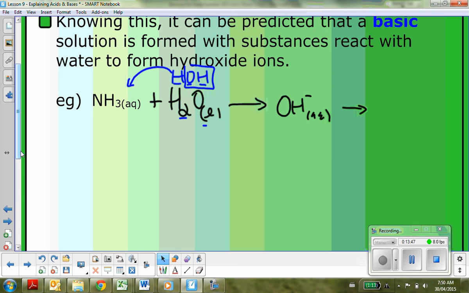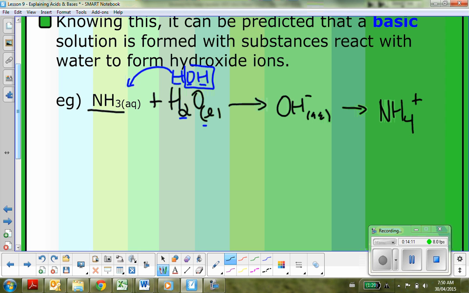Now, remember, your H can be a positive or a negative charge. So in this case here, your ammonia is already a compound and it has no charge. But you're going to add an additional H onto it, which is actually going to end up making it positive or negative. In this case here, NH4 might look familiar. It ends up being a polyatomic ion.